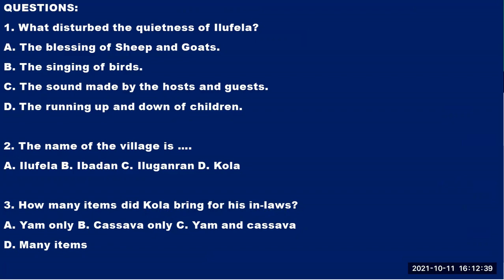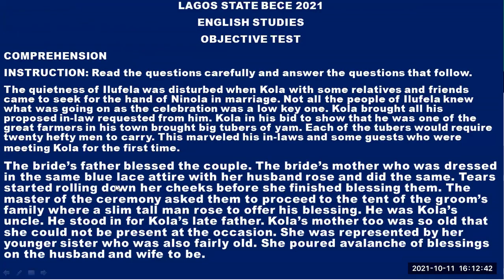So let's now go back to the passage. Anywhere we find that Kola brought something, we'll be looking for the information. And we can see that in line 3 here. 1, 2, 3. Kola brought all his proposed in-laws requested from him. All here means there are more than one item.